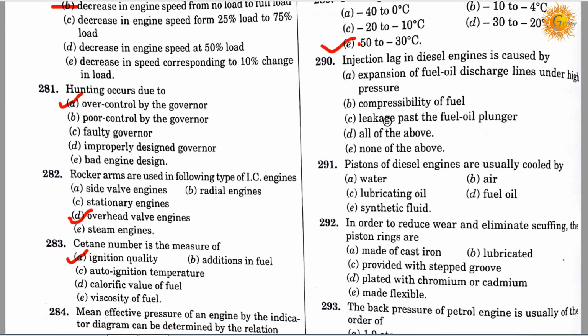Question number 290. Injection lag in diesel engines is caused by: option A, expansion of fuel oil discharge lines under high pressure; option B, compressibility of fuel; option C, leakage past the fuel oil plunger; option D, all of the above; and option E, none of the above.